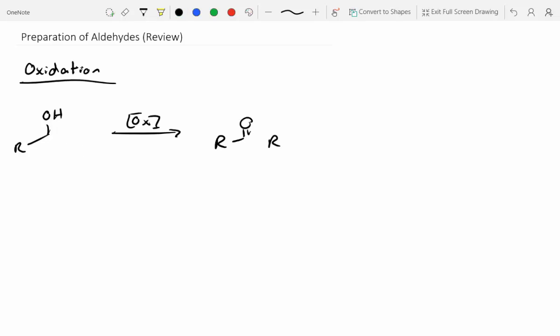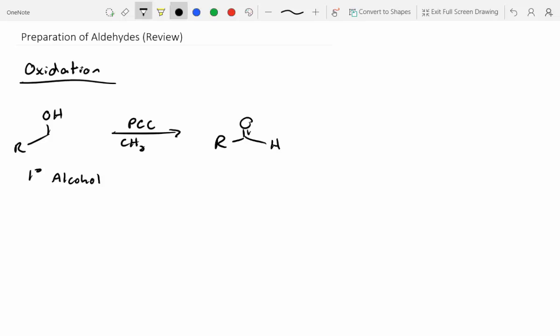However, what we can do is oxidize primary alcohols, and we can get to our aldehyde. What's the reagent that we need? PCC. I'm just going to be as specific as possible, and I'm going to fill in PCC.